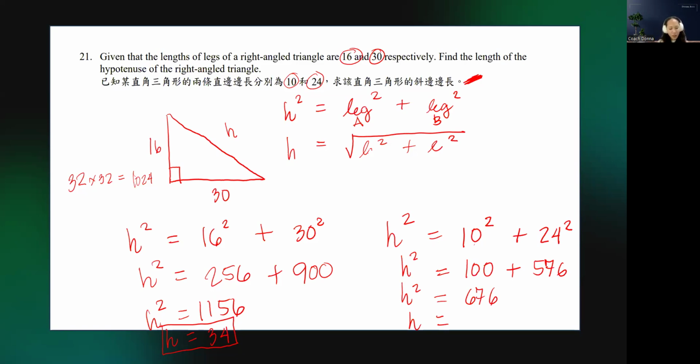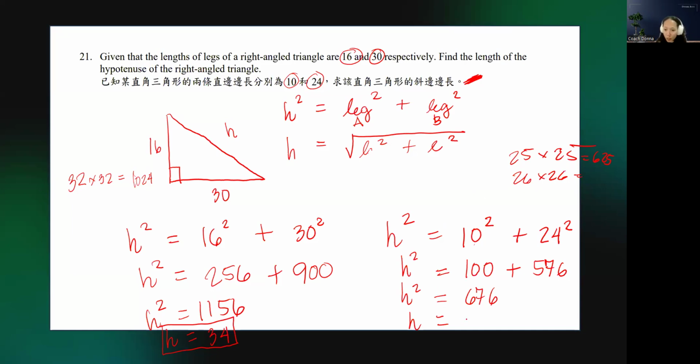So h is equal to the square root of 676, or find a number that when you multiply it by itself, you'll get 676. 25 times 25 is 625, so we're getting close. Checking 26 times 26 is equal to 676.